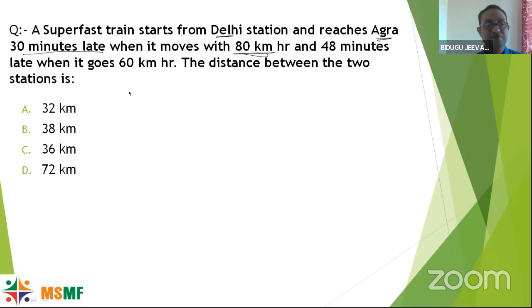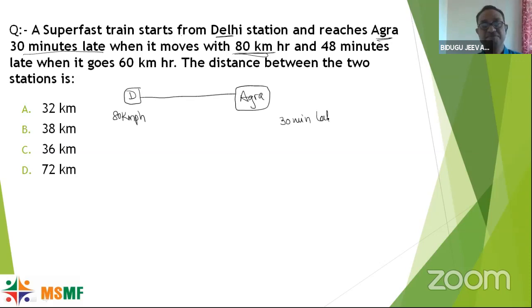So, Delhi to Agra with 80 kilometers per hour, 30 minutes late. Late in the sense plus. When it moves 80 kilometers per hour, fine, up to this is completed.